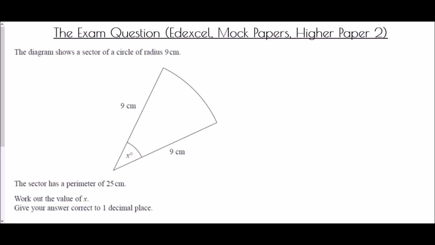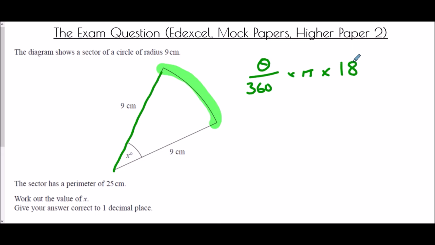Well, we have the arc. Now the arc would be the angle over 360 times pi times the diameter. Now the diameter, if this is the radius at 9, then the diameter would be 18. But because we are finding the perimeter in this case, we need to include this 9 centimetres.